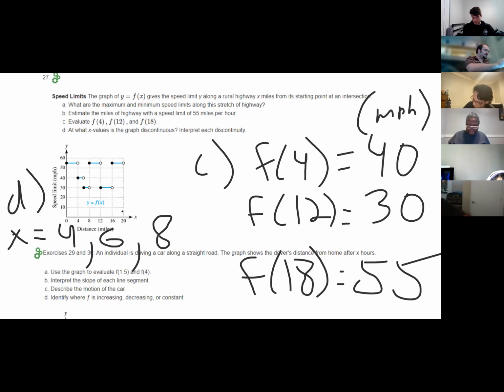So I'm just looking along this line, and anywhere I have to pick up my pencil, I look down and see what X value that is. So 4, 6, 8, picking it up to jump there, and then at 12, I think. And the last one should be 16.